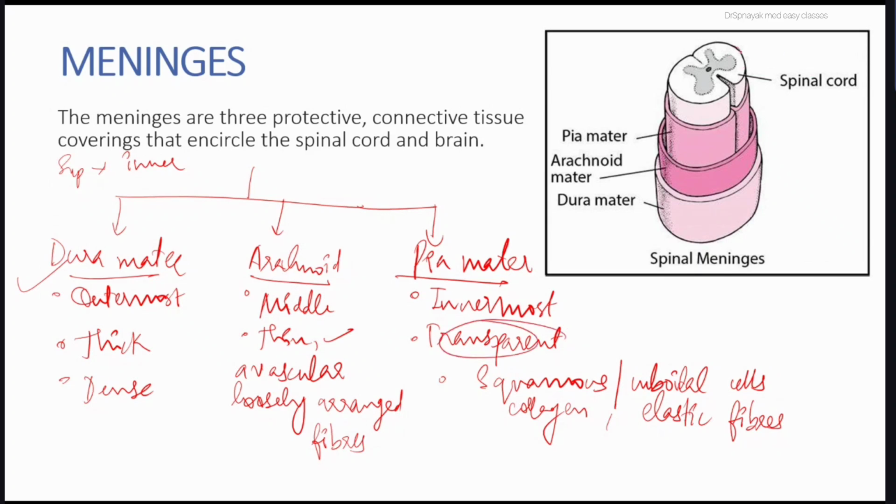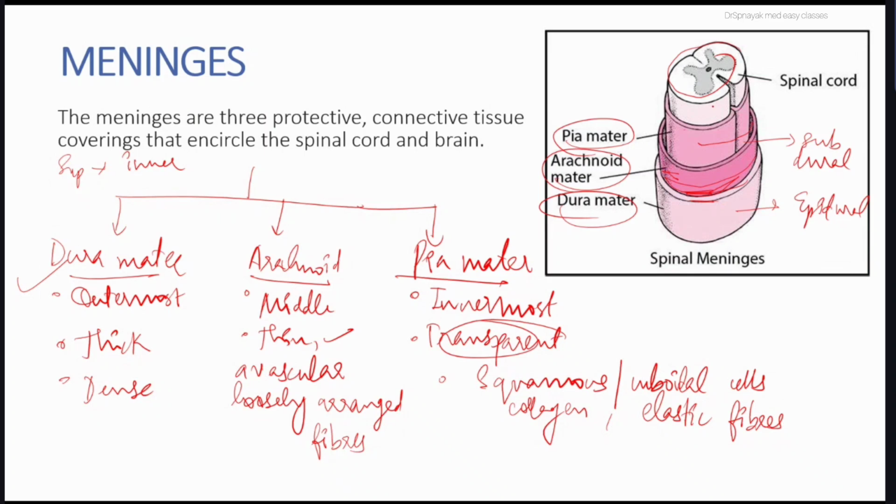This is an image which shows the spinal cord. The innermost membrane is the pia mater. This is the middle one, which is arachnoid mater, and the outermost is thick, the dura mater. And there are spaces in between each mater. The outermost space is known as the epidural space. The space between arachnoid and dura is known as the subdural space.